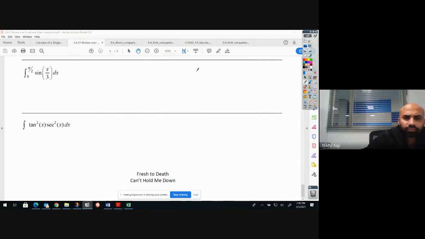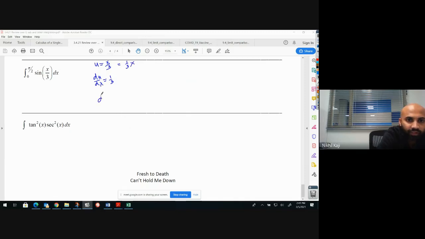Here, we do have to do u sub because we have x over 3 inside. If it was just sine x, it would be good, but this is sine of, it's not just x. So here, we've got to do u sub where u would be x over 3. My derivative would end up being 1/3, because if you're not sure, this is the same thing as this.